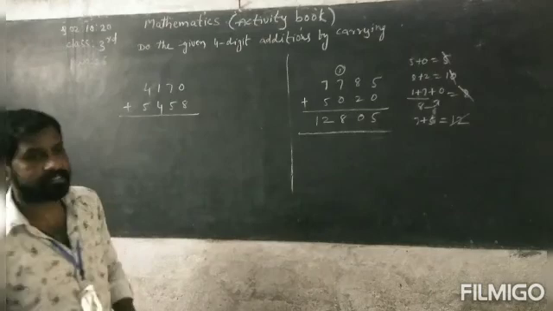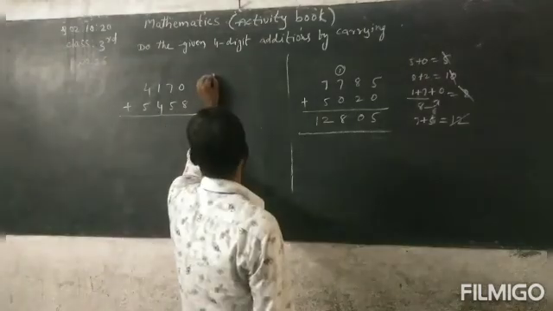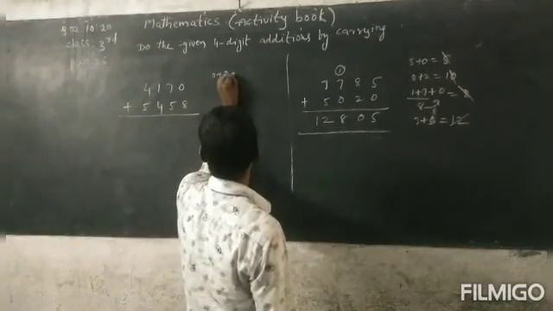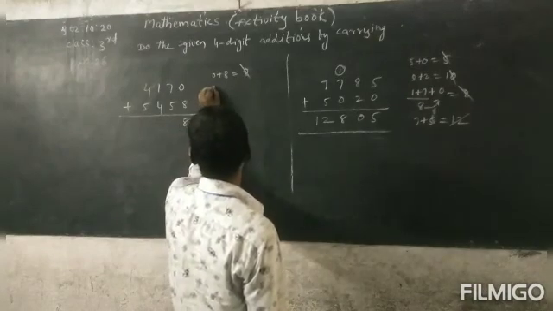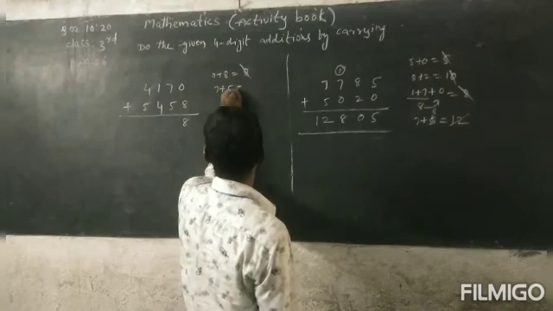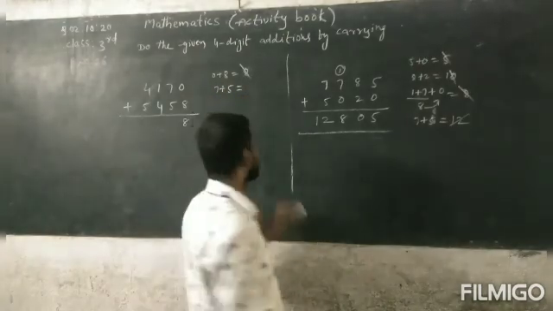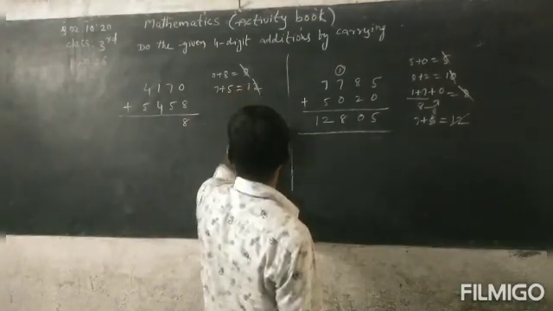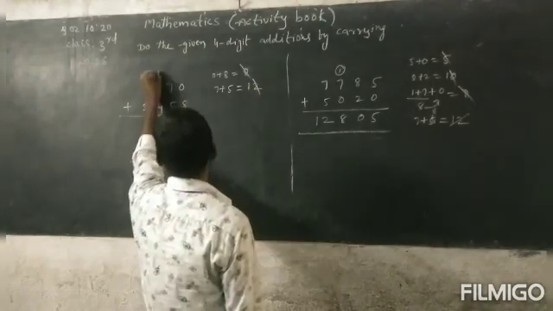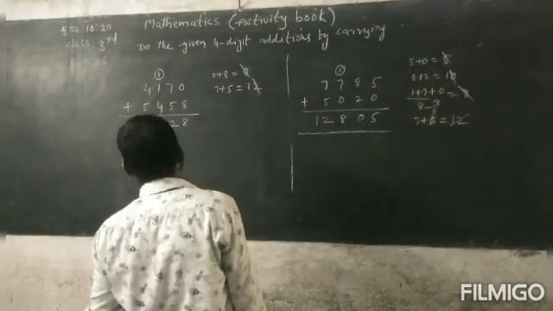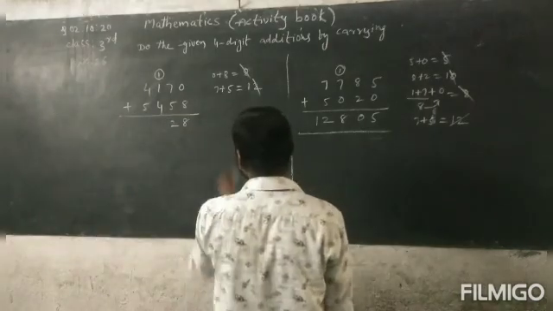First, we add the digits in the ones place, that is 0 plus 8. 0 plus 8 is 8. Write it under the ones place. Next, add the digits in the tens place. 7 plus 5 is 12. 2 is taken and written under the tens column, and 1 is carried to the hundreds place.